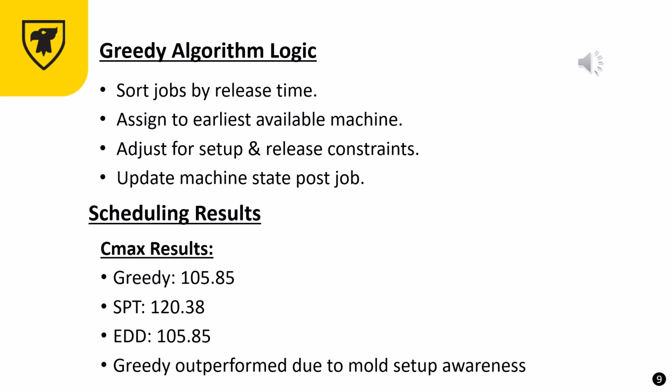These results reinforce the idea that the greedy algorithm not only respects real release times and setup constraints, but also optimizes machine utilization effectively. It outperforms SPT because SPT doesn't factor in setup or release delays. It purely prioritizes short jobs. Greedy, on the other hand, balances all critical scheduling elements.